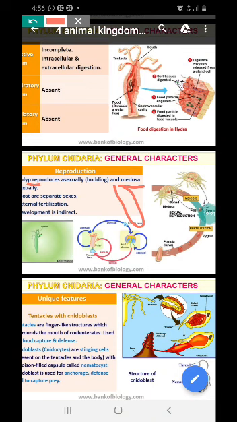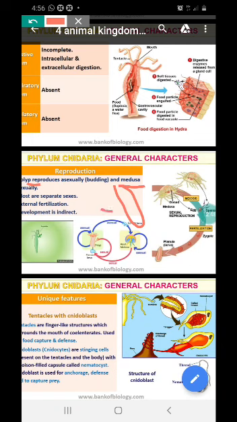But the jellyfish shows both forms. Clear? That one arises from the other, which is called alternation of generation or metagenesis. What is that? Metagenesis. Clear? Umbrella like form.